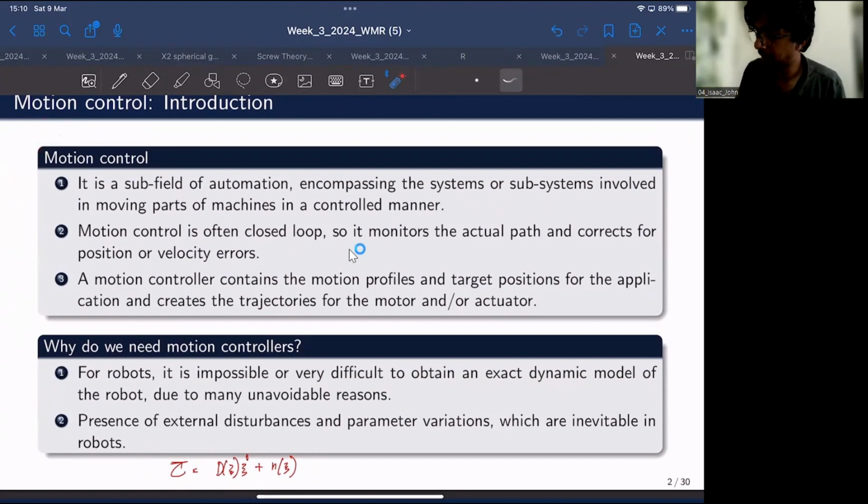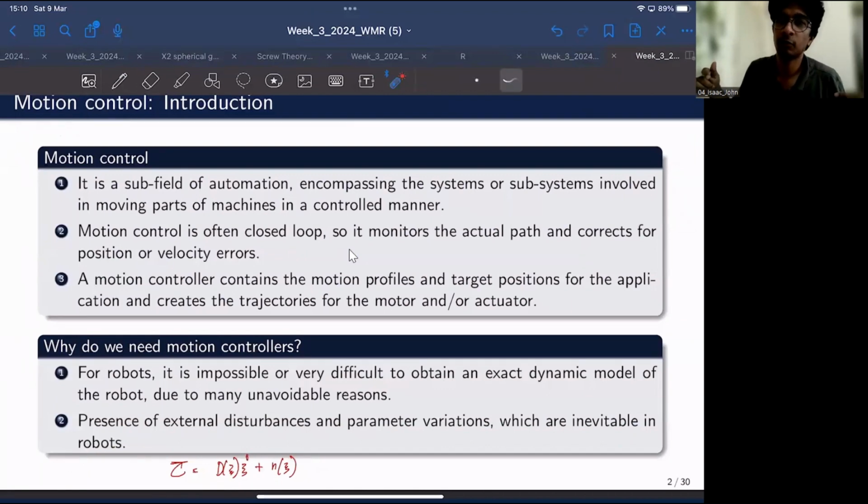Then the second reason is the presence of external disturbances and parameter variations, which are inevitable in robots. The external disturbances could mean effects that are again not modeled, for example, unprecedented external forces. As the robot is moving, it may collide with some obstacle or navigate along a rough terrain.